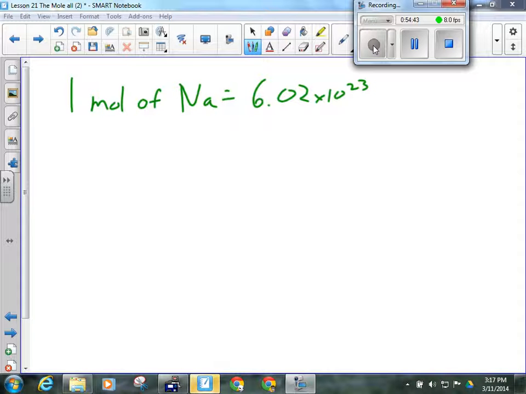Because I asked, how many of that is there in 1 mole? Would it matter what I wrote there? If I wrote it was 1 mole of sodium, 1 mole of silver, 1 mole of water, it wouldn't matter. 1 mole of everything is 6.02 times 10 to the 23. It's always the same answer.